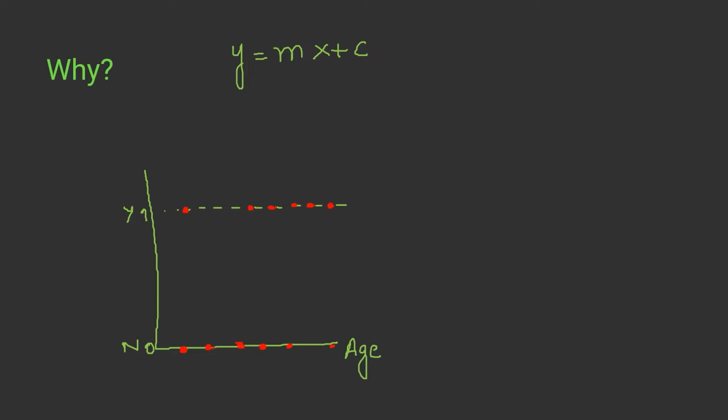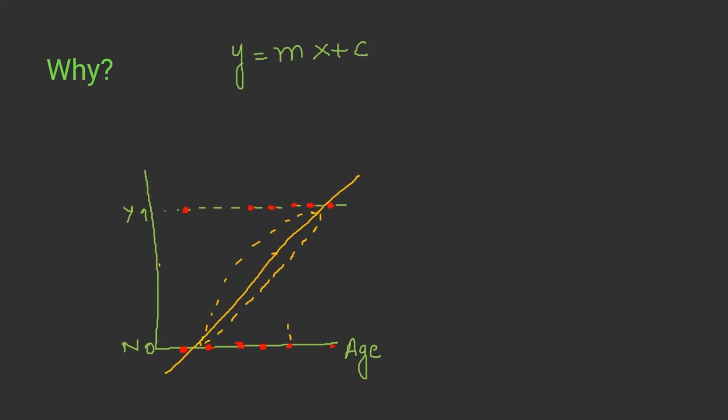And if in this case I use a linear regression, then suppose this is my linear regression line. This linear regression can be okay for these data points, right? If I plot this over here, I will find this probability.